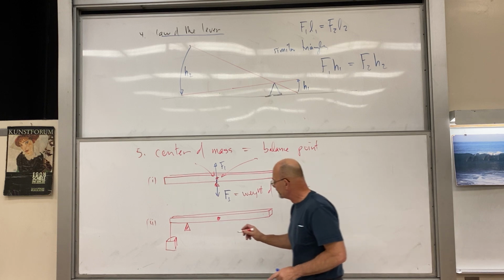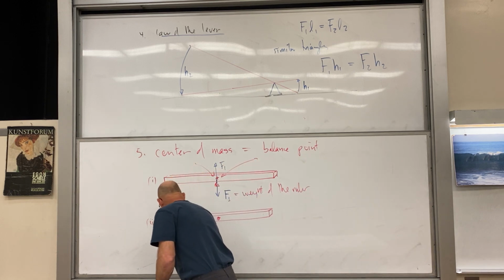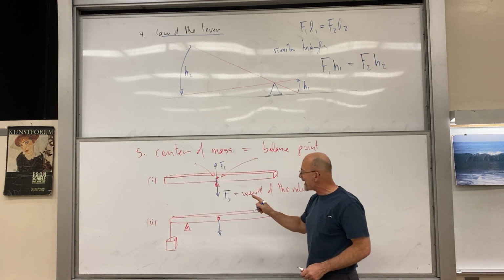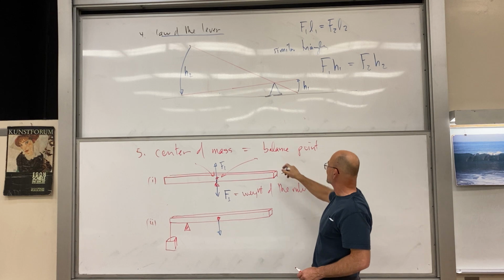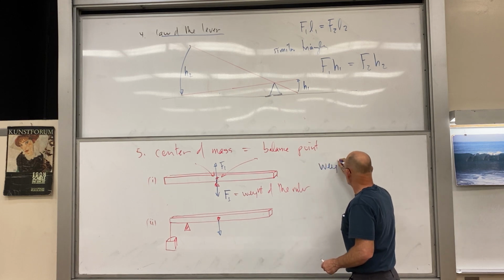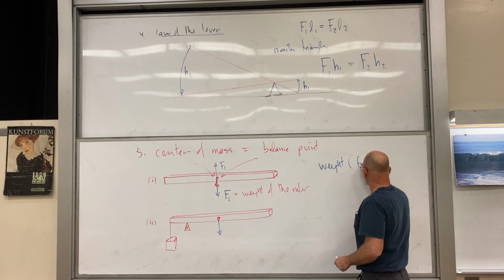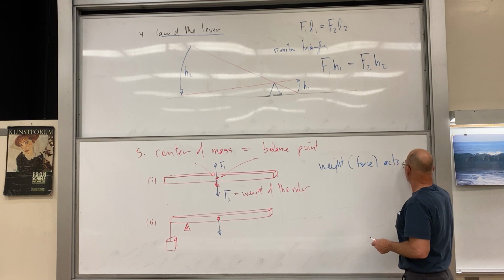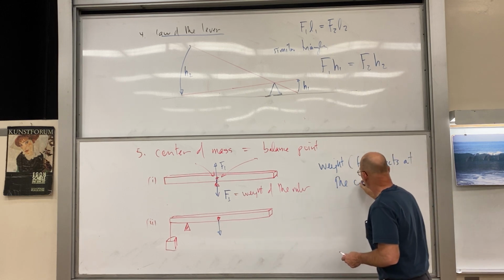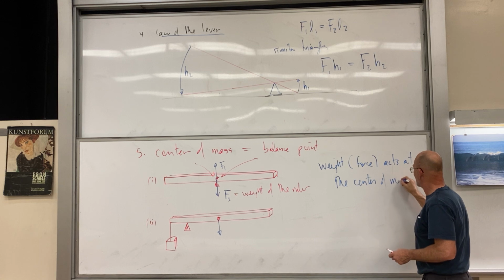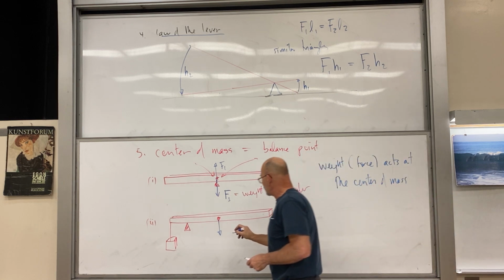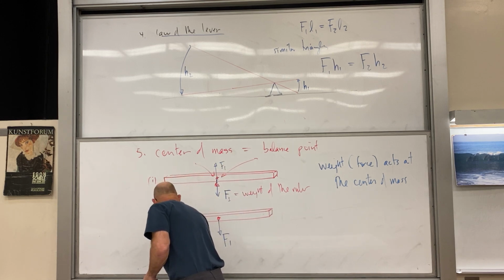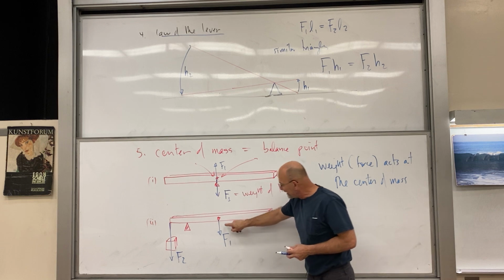Now, here's what we're going to do. We know that the weight acts at the balance point, or weight acts at the center of mass. Let me go ahead and write that down. Weight, which is a force, a force of gravity, acts at the center of mass. So if we have F1 here, then we have to balance it with an F2. Now the thing is, you don't see this one here.